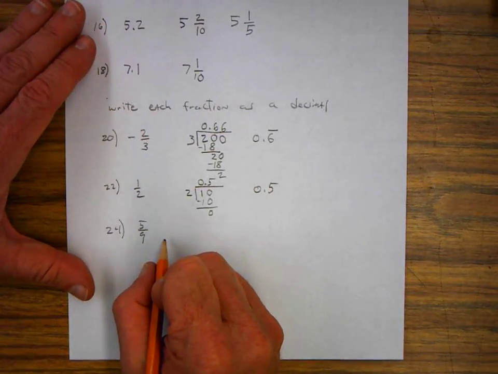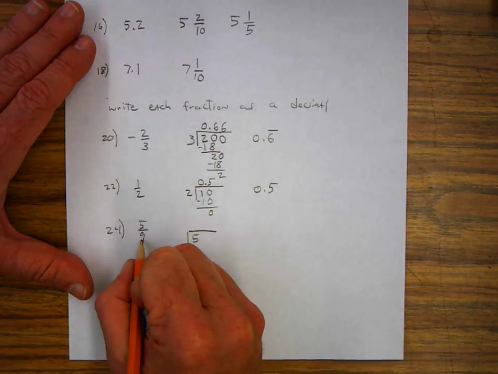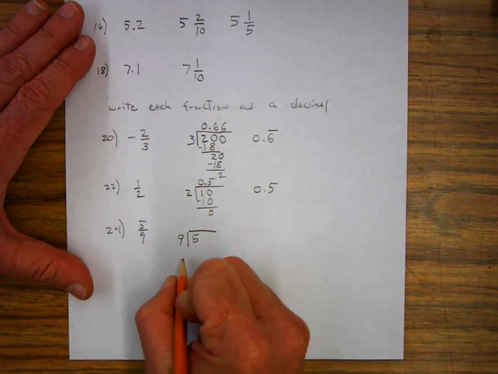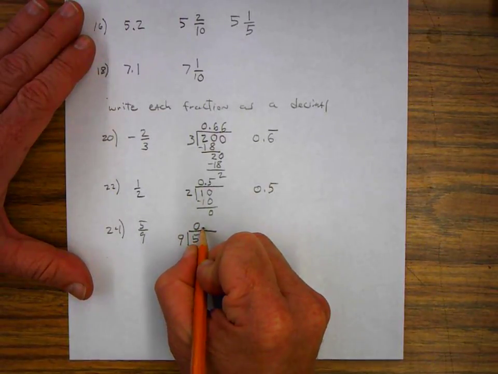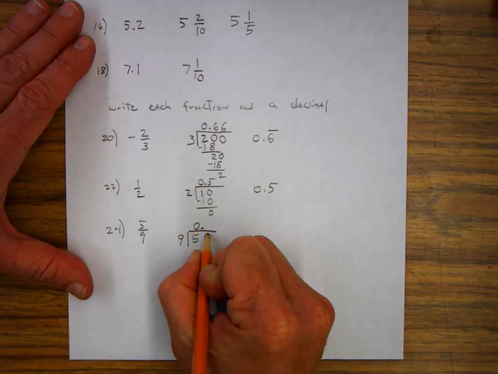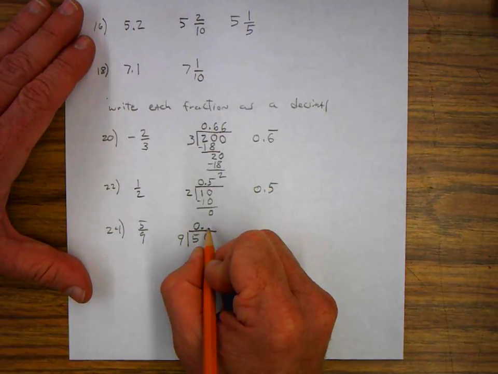On this last problem, we put the numerator 5 inside and the denominator 9 on the outside. And 9 does not go into 5, so I put 0, add a decimal, add a 0. 9 times 5 is 45.